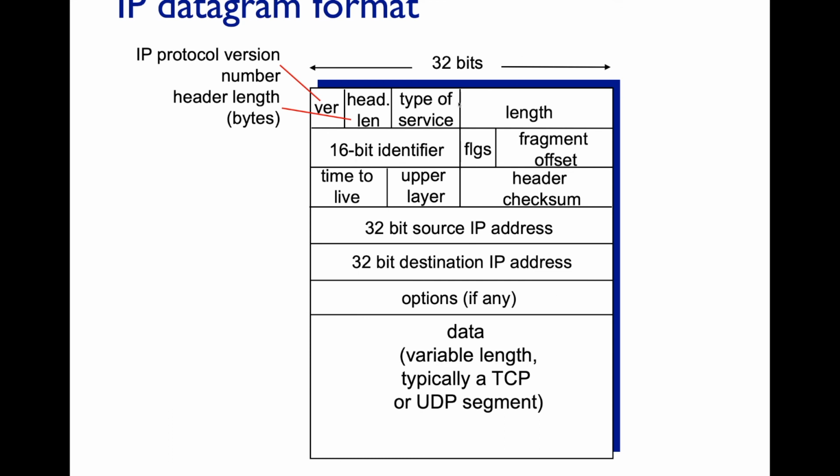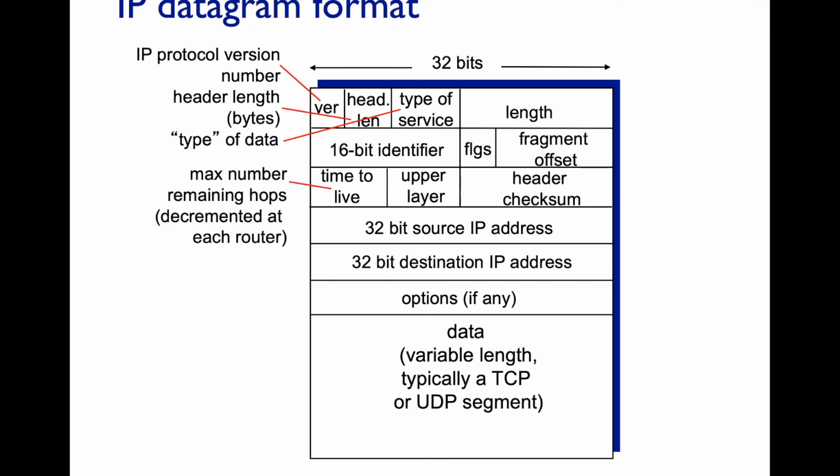And so this portion, that top portion above the data section, all of that is network layer header information. So we have the header length, and that's used to count the number of bytes of this IP datagram, which is header information for the network layer. Then we have the type of service. We have the max number of hops.